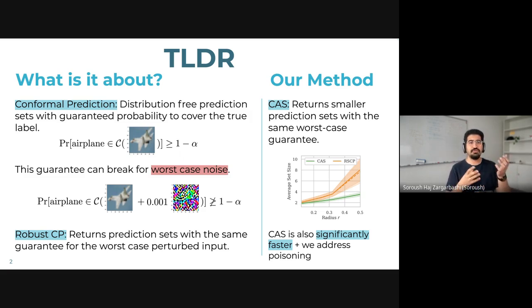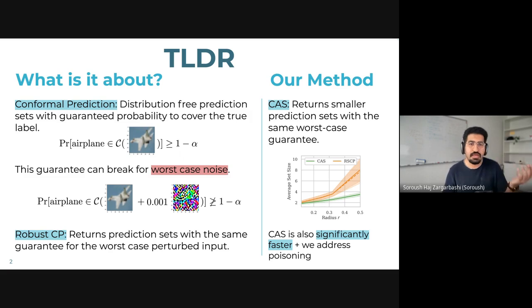So it's for in-distribution points and points that are not perturbed in any way. So an adversary or natural noise can cause this guarantee to be invalid. As an adversary, I can perturb the input in such a way that the guarantee of 90% in practice works like 30% or any other value, based on the magnitude of the noise.